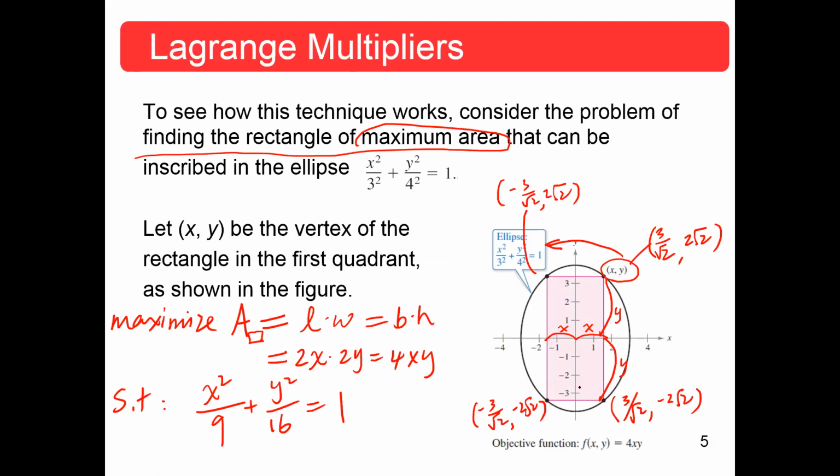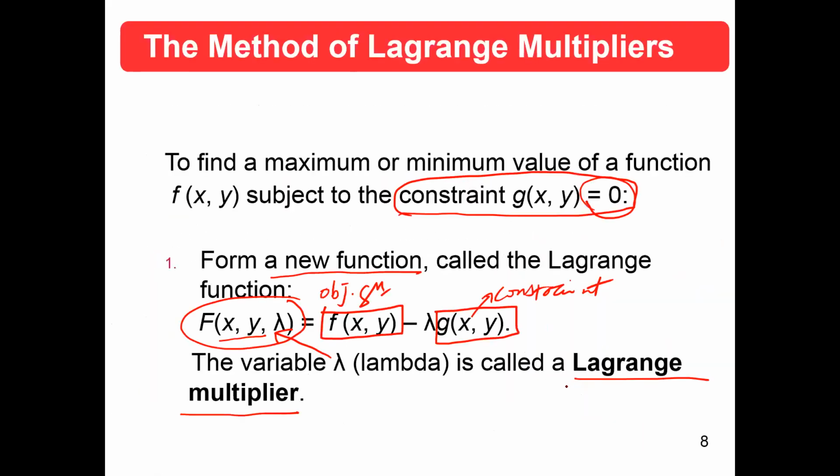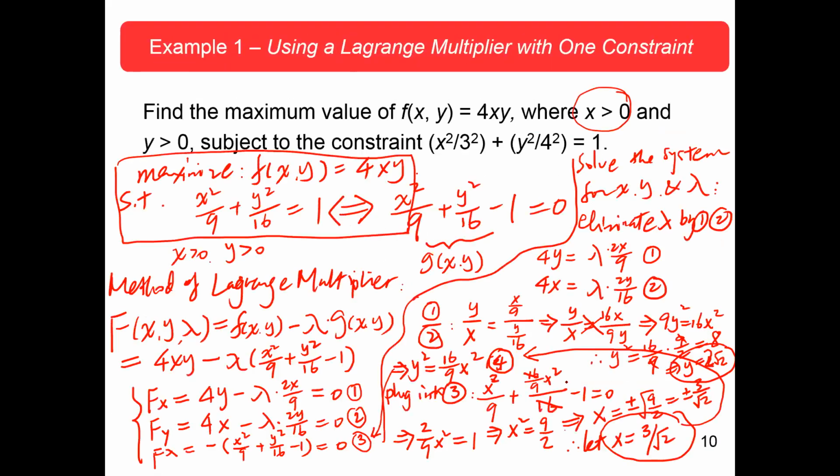Let me quickly review what we just did. First we write down the constrained optimization problem based on the question: maximize the function subject to this constraint. Then we figure out the constraint function g of x y. You have to make sure the right-hand side is 0, so you just move the 1 to the left-hand side.